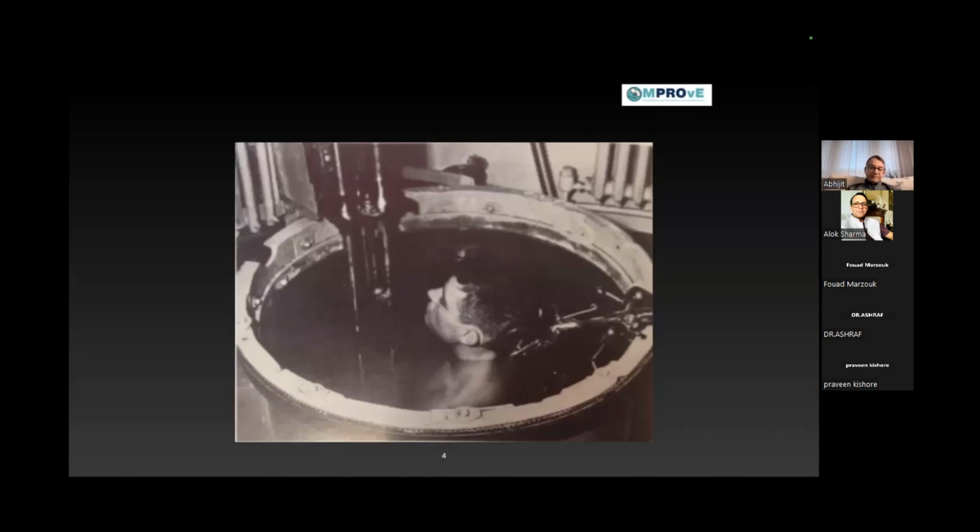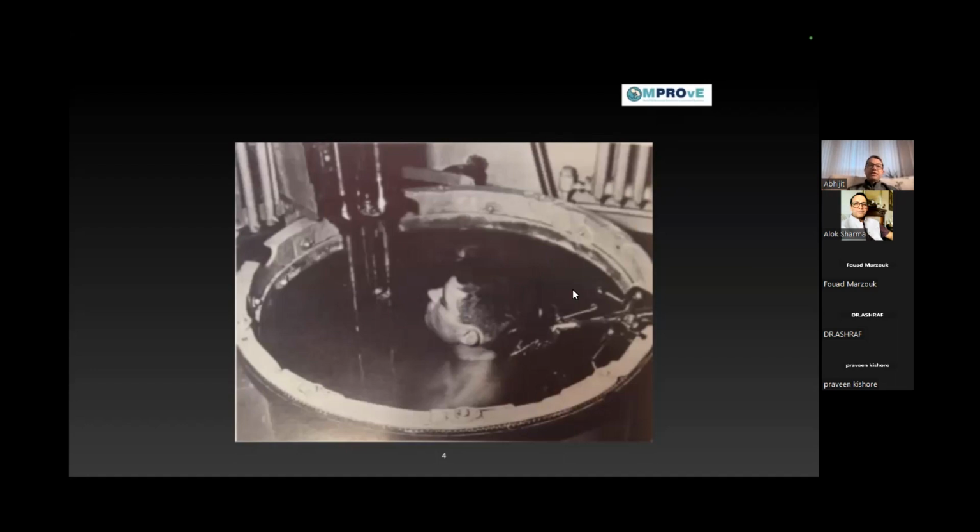So this picture, I don't know if you have seen it, but this is an old, or the first, ultrasound machine. And you can see it's quite big. The subject is put into the water to get the ultrasound done. And I can proudly say that Glasgow pioneered ultrasound as a diagnostic modality.